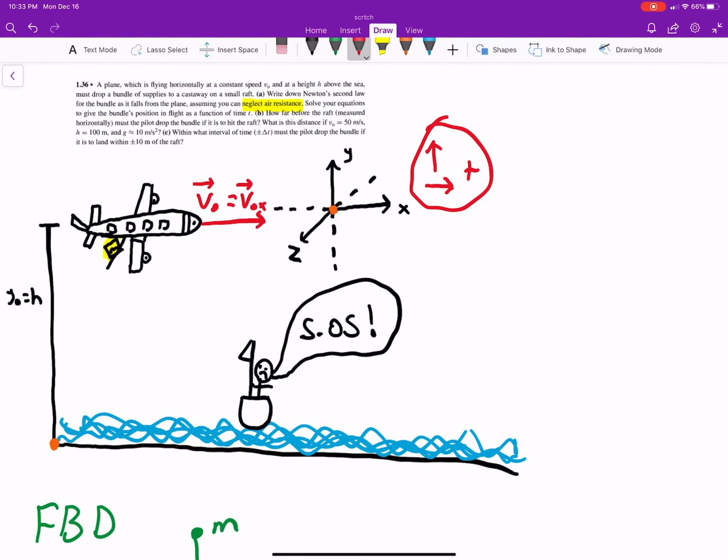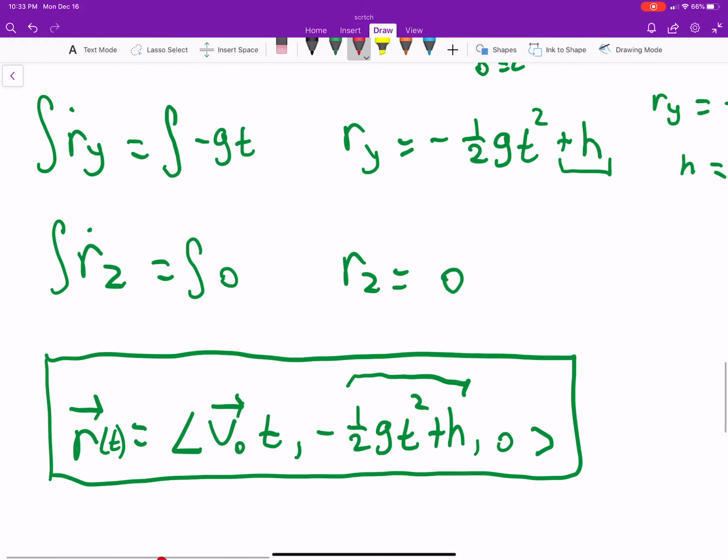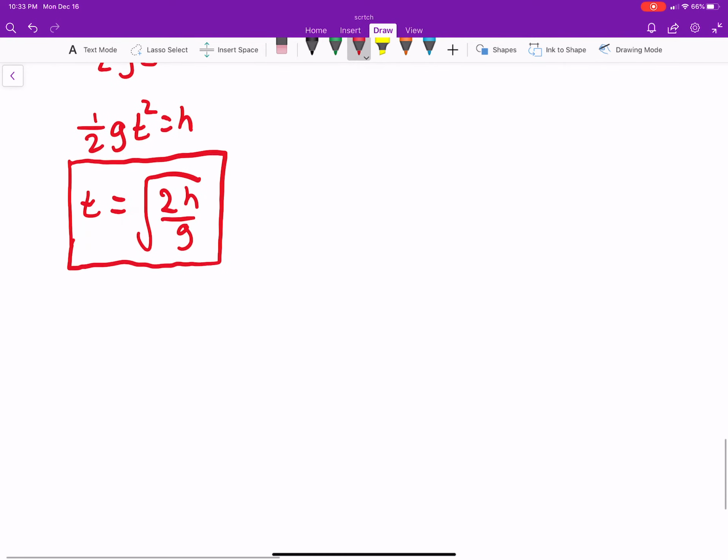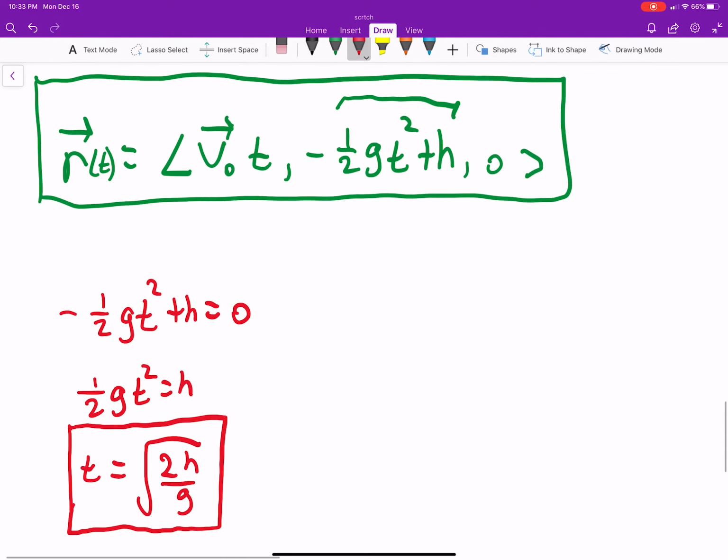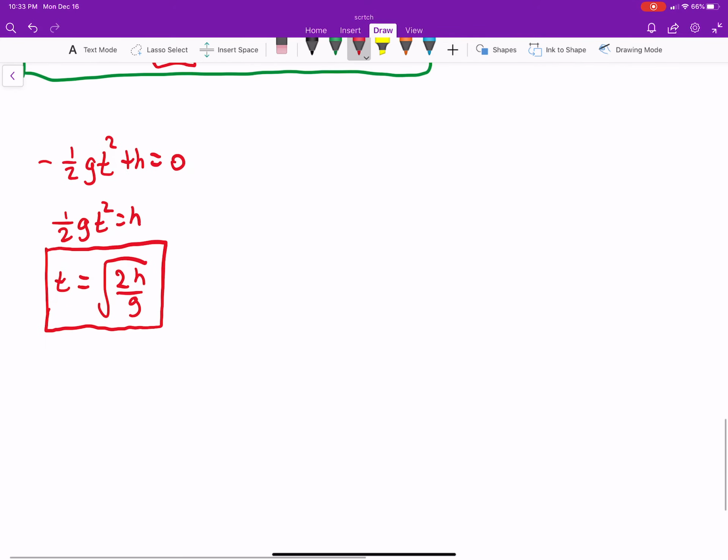How far. So if we want to know how far that needs to go, well, we're looking horizontally, so that's just our x component. So we would say v naught times t.